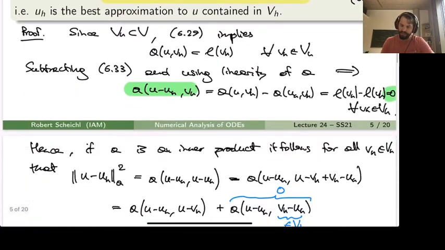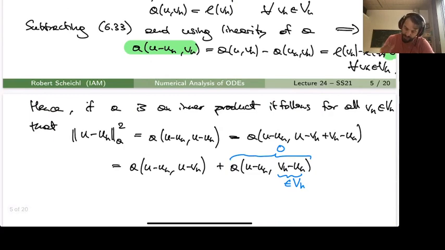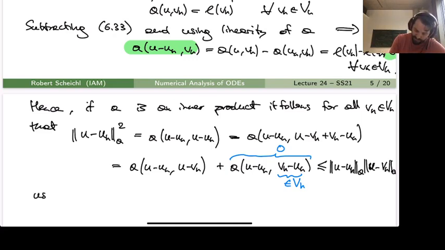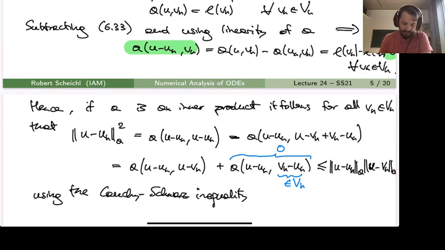So in particular, we get here that a(u minus u_h, u minus v_h) is less than or equal to u minus u_h in the A norm times u minus v_h in the A norm, by the Cauchy-Schwarz inequality 641.